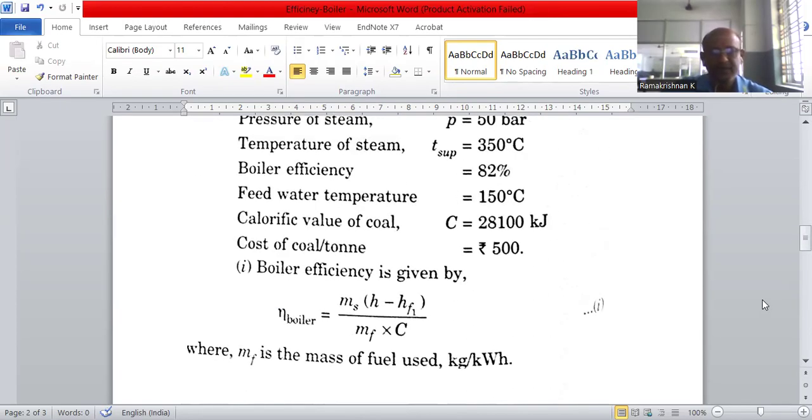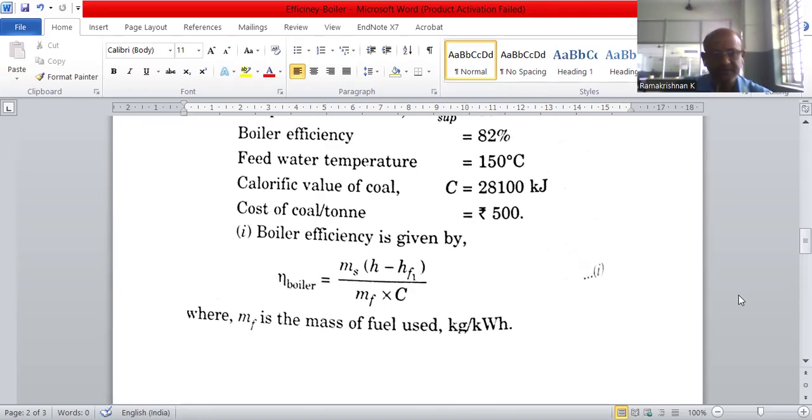First, the boiler efficiency. As discussed above, the formula is per 1 kg of fuel used, so the mass of fuel is denoted by mf. Efficiency equals ms into (h minus hf1) divided by mf into c, where mf denotes the mass of the fuel used, kg per kilowatt hour.